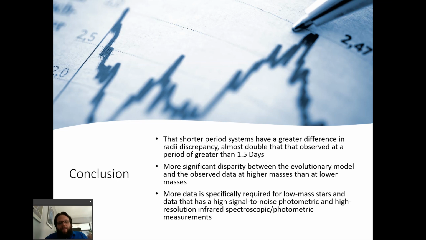However, I do acknowledge that we need more data, especially for low mass stars, and that has a high signal to noise photometric data. And the one thing that Han was arguing was that he wanted high resolution infrared spectroscopic and photometric measurements, which, being on Earth, the resolution would be lower than if it was in space.